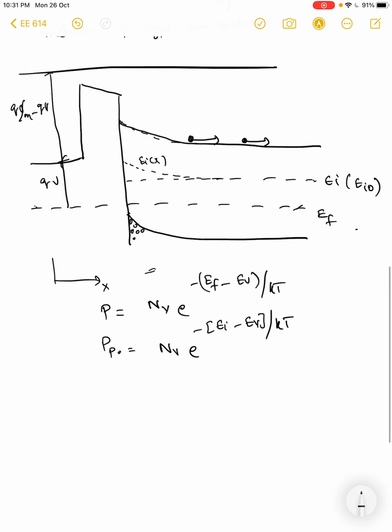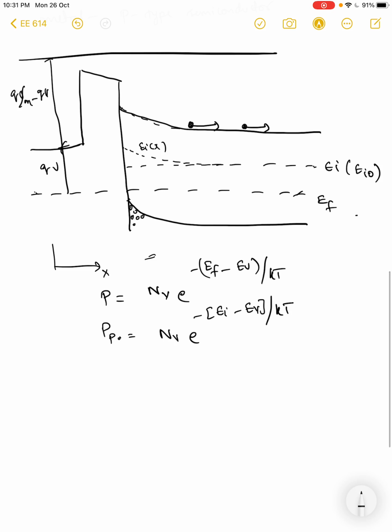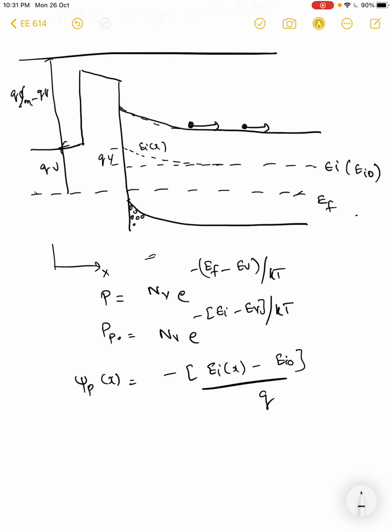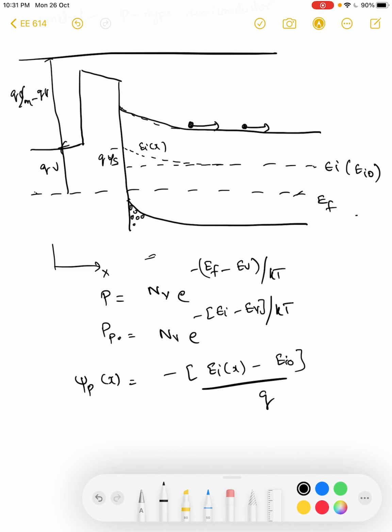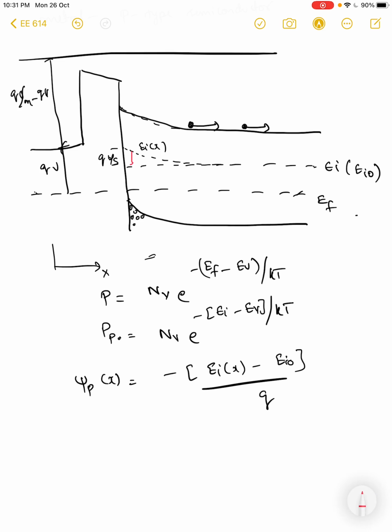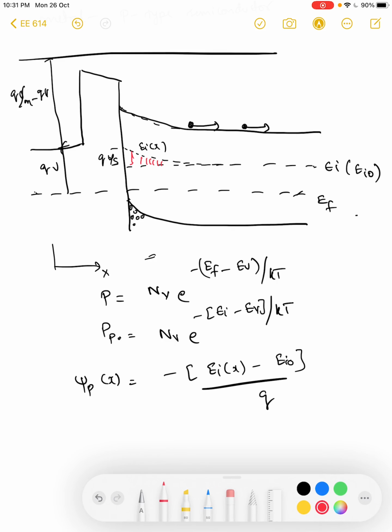So here I'm going to define a particular variable called psi p, which is a function of x, the actual deviation of the intrinsic energy level from the infinity value. So it is this separation at any point that is written as q psi s, right?